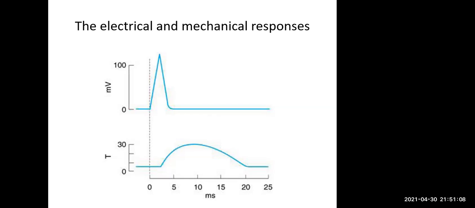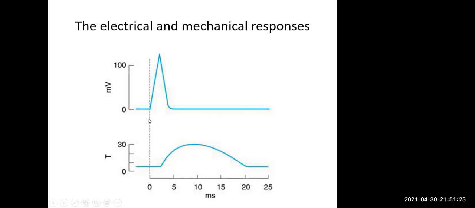The latent period duration is slightly longer. If you apply an electrical stimulus directly over the muscle, which normally will not happen in our body, but experimentally, the latent period will be shorter.